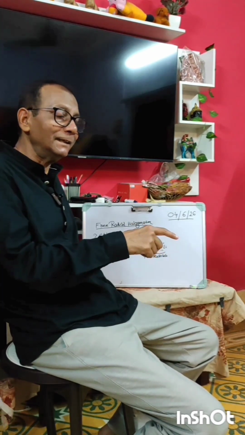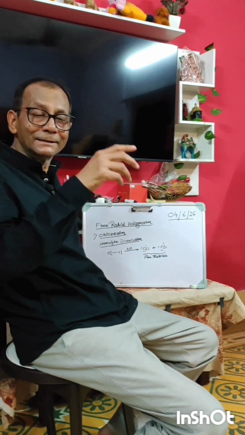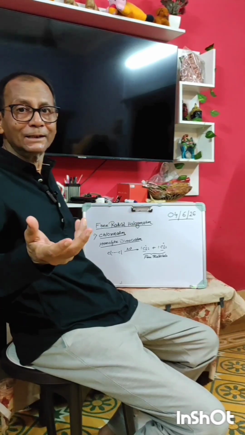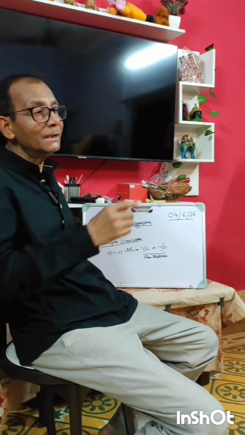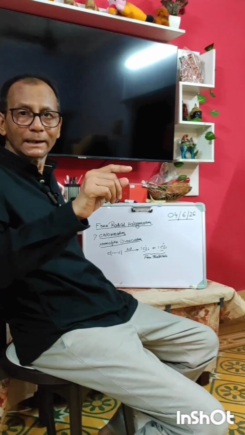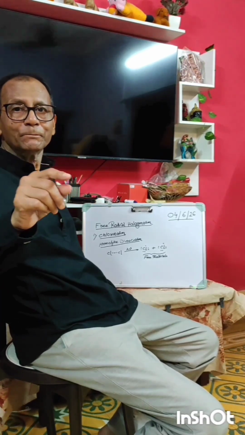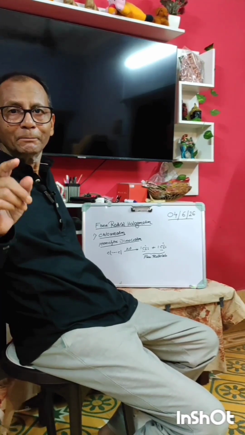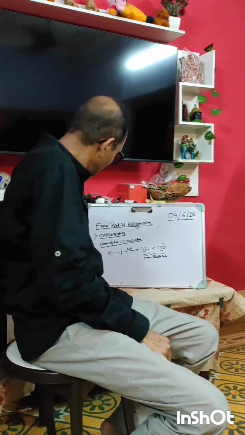This methyl radical will react with the next chlorine radical to form chloromethane. So the first step is CH4 plus Cl2 giving CH3Cl plus HCl.